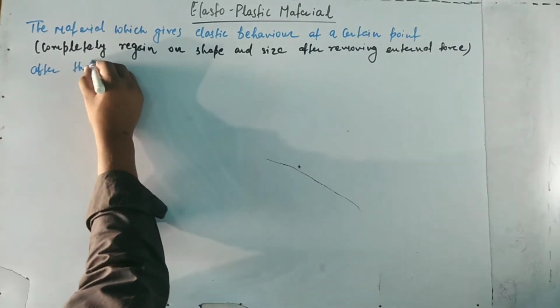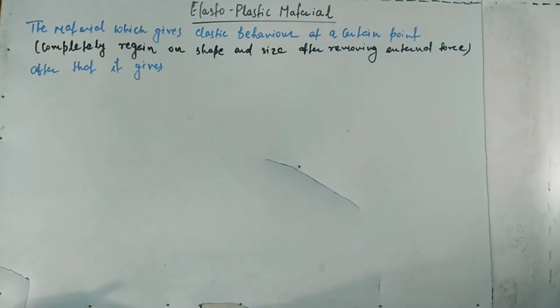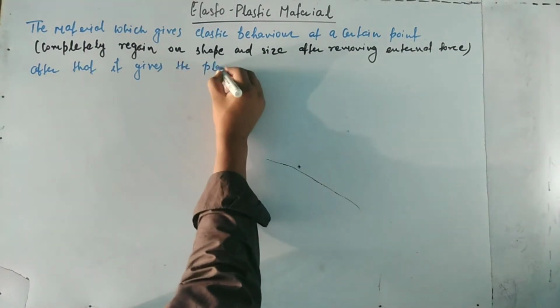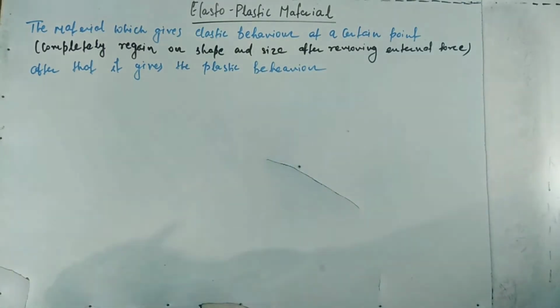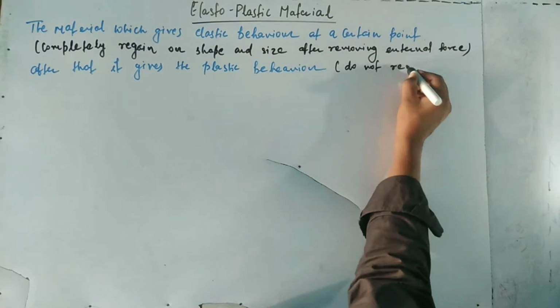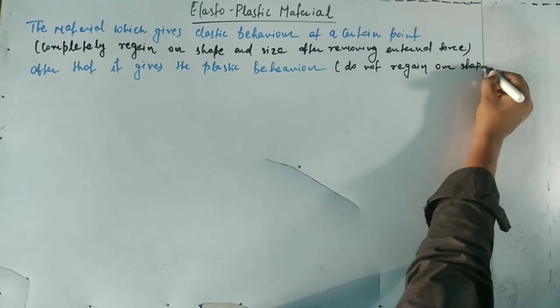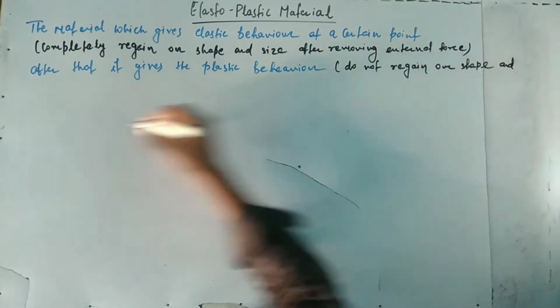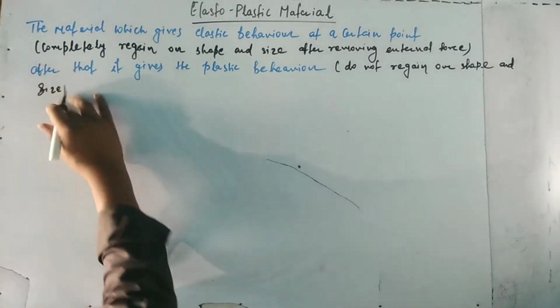The material which gives elastic behavior at a certain point completely regains its shape and size after removing the external force. After that it gives plastic behavior, which means the material does not regain its shape and size after removing the external force or load.